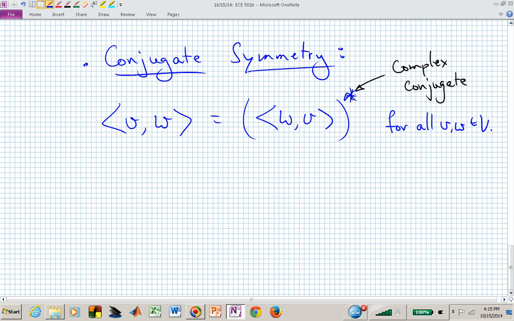So now the question is a good question. If you now took v with itself, you want that to be a non-negative number.